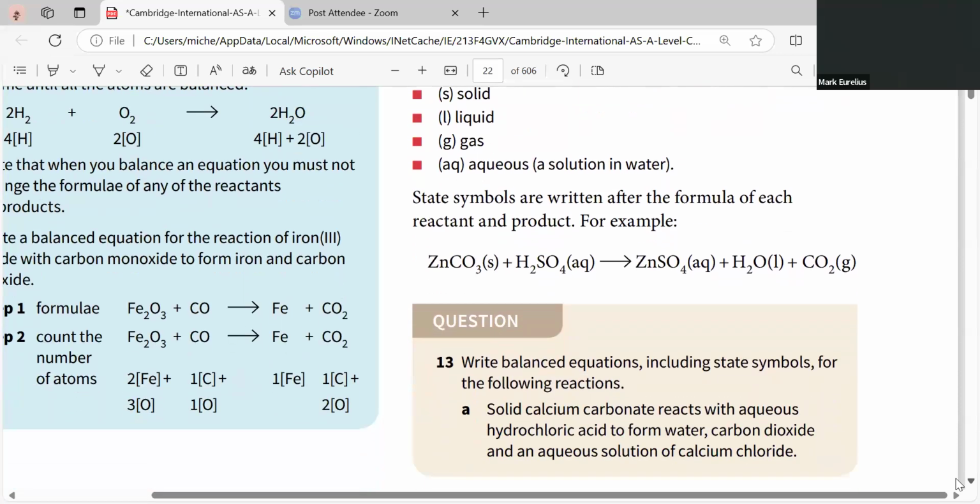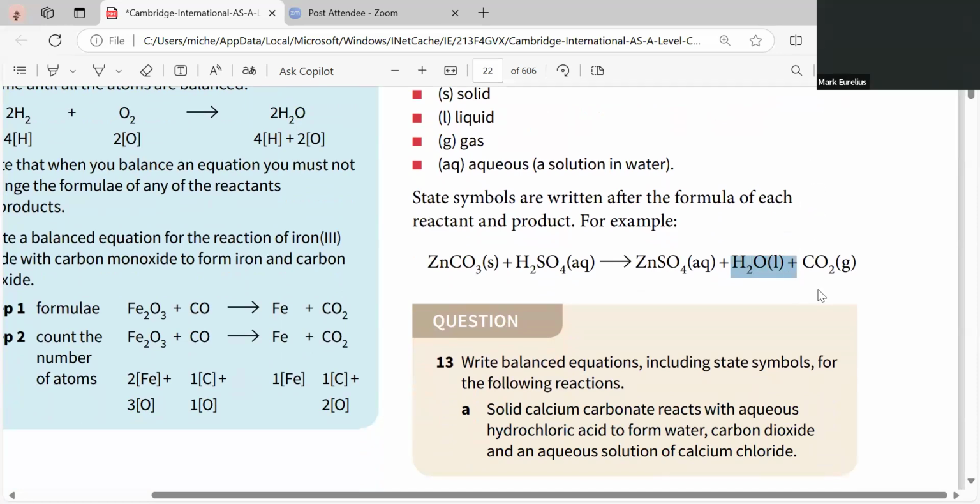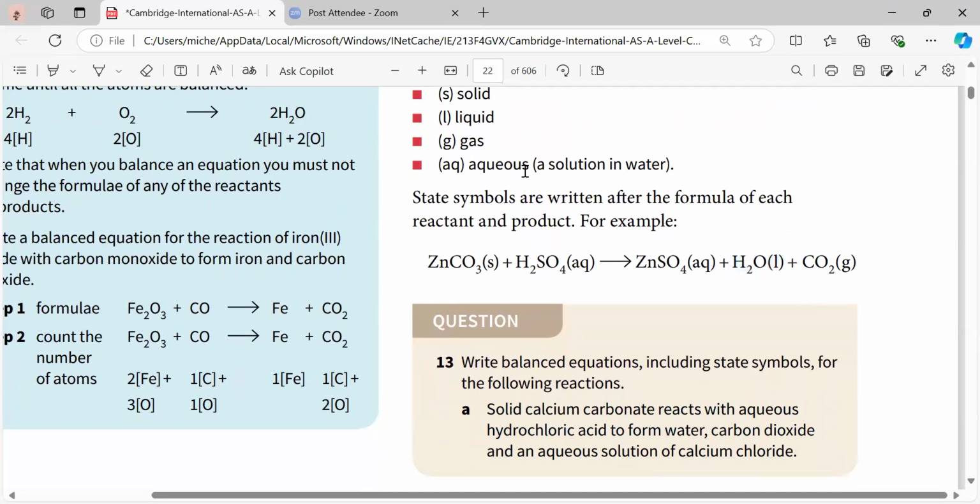What about water? Water is liquid, it's right here. AQ is aqueous, for a solution. When I'm talking about a solution, it's in a liquid form, but it is a compound in liquid. So that is called aqueous. In other words, it's a solution.